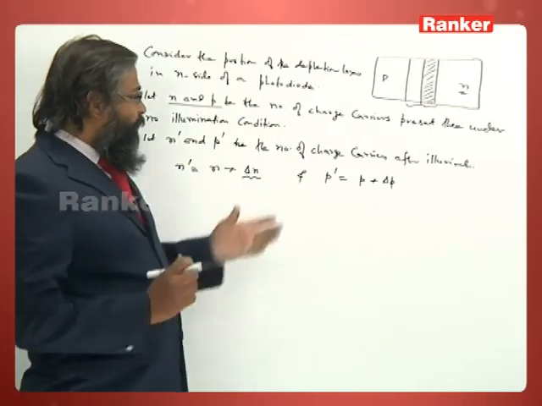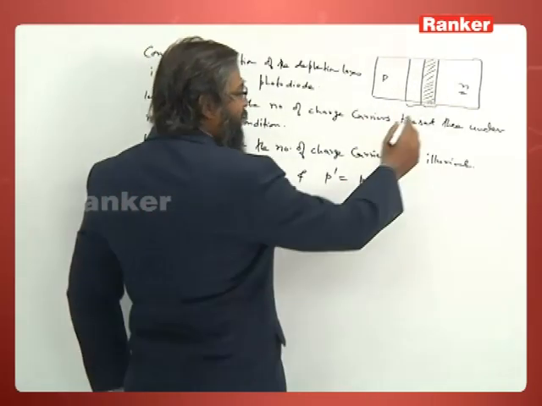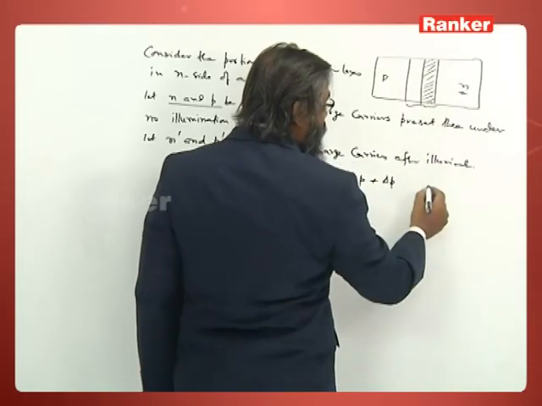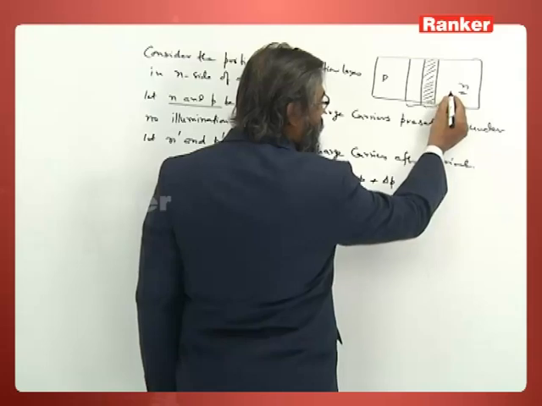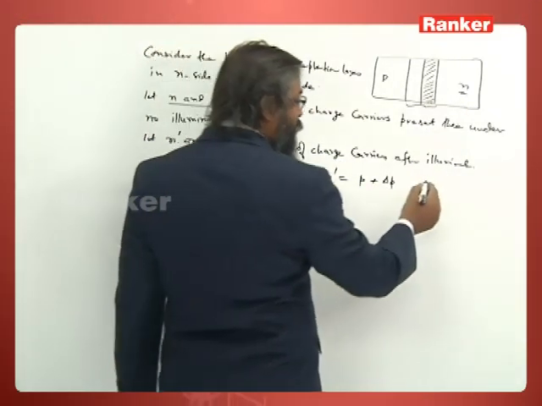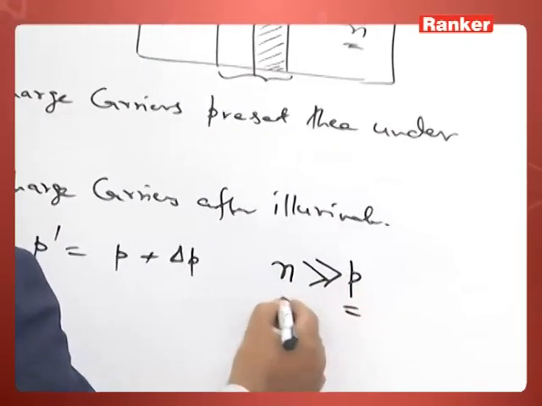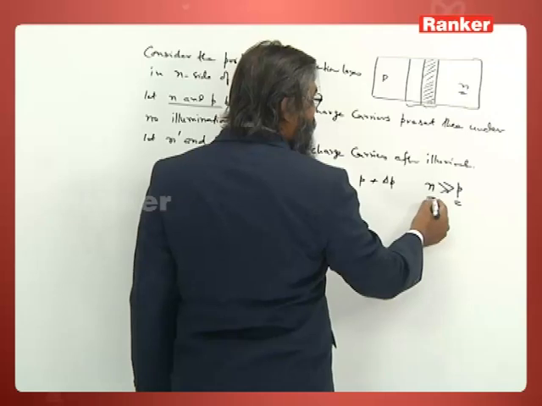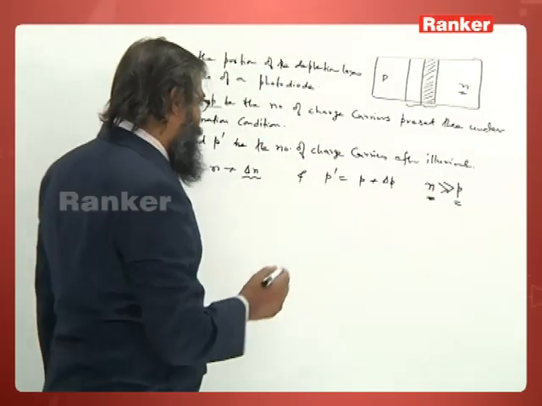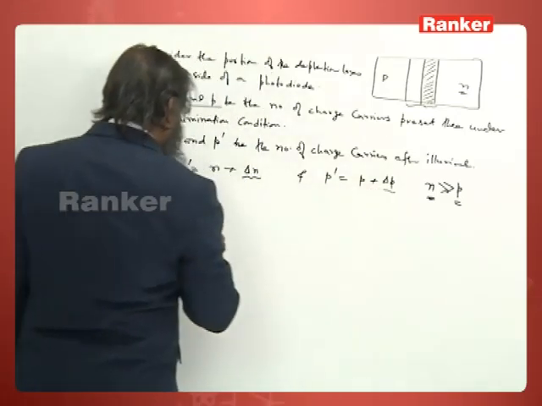So now let us see this N type portion. This N type portion has electrons as the majority charge carriers. So N is very large compared to the holes, compared to P. Now, what are delta N and delta P?